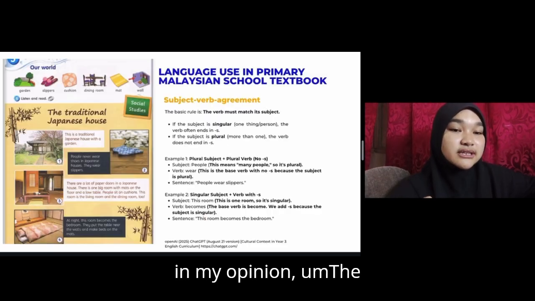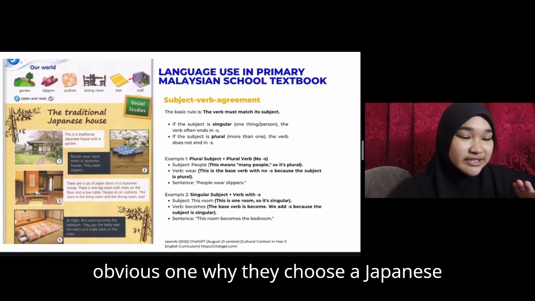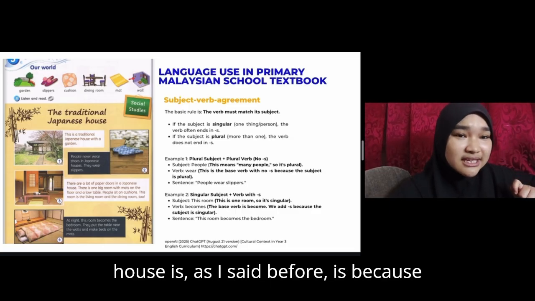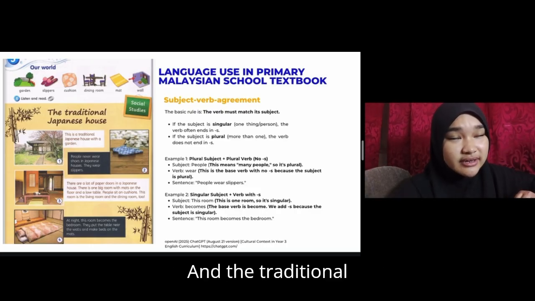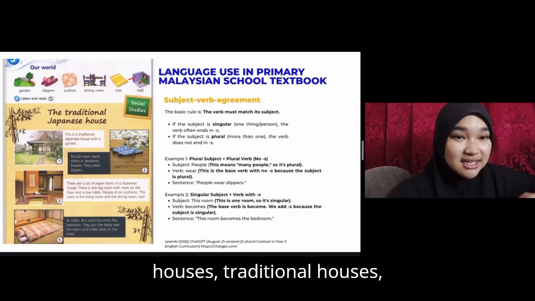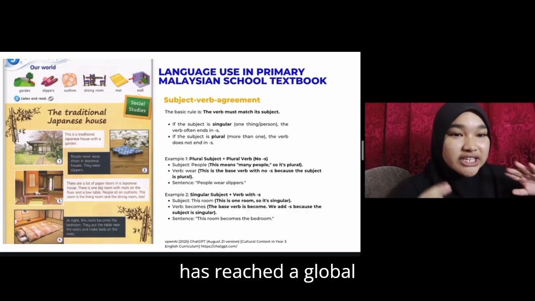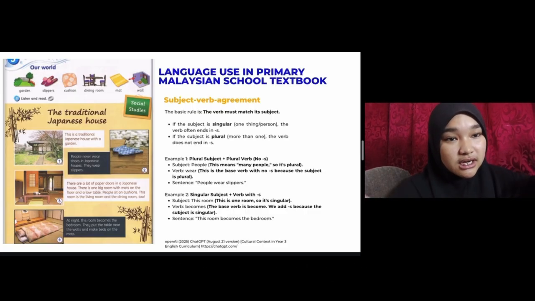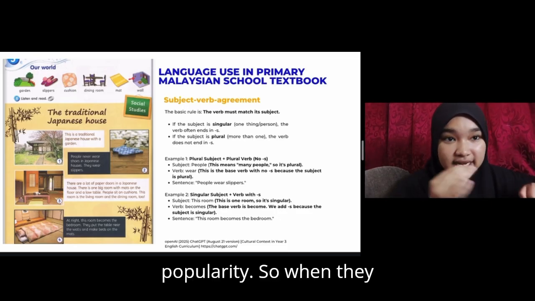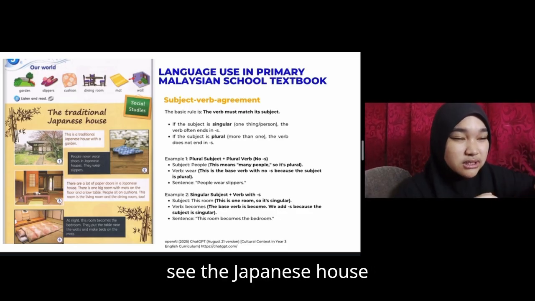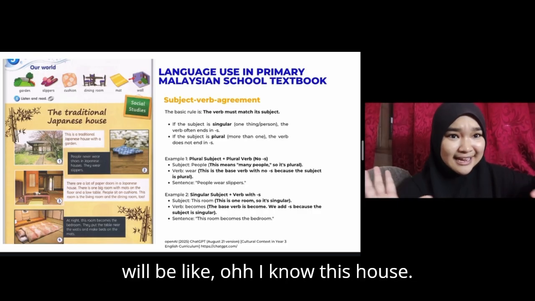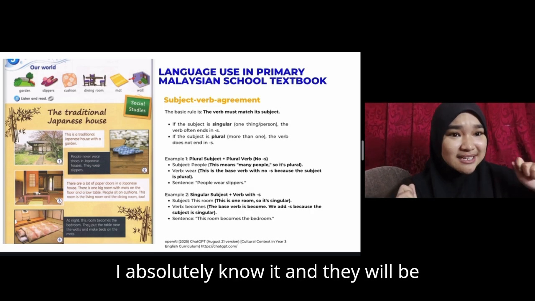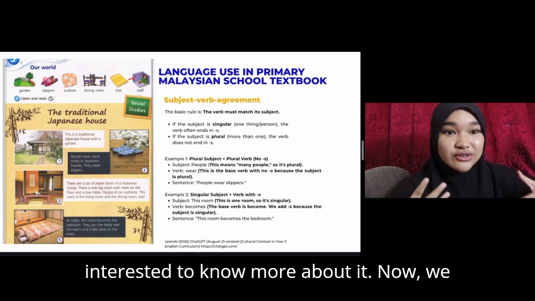So I think, in my opinion, the obvious reason why they choose a Japanese house is, as I said before, that Japan is a really well-known country, and the traditional houses have reached global popularity. So when they see the Japanese house on the page in the English textbook, they will be like, oh, I know this house. I absolutely know it, and they will be interested to know more about it.